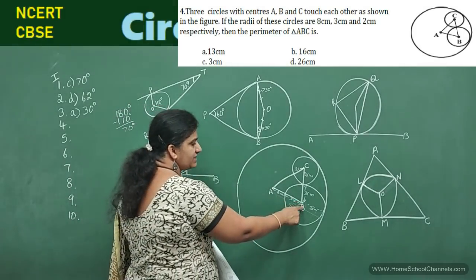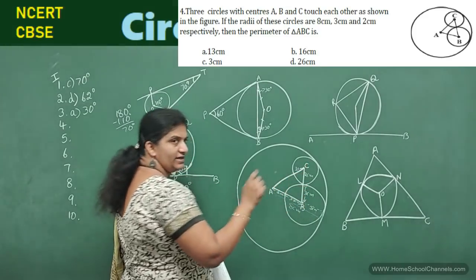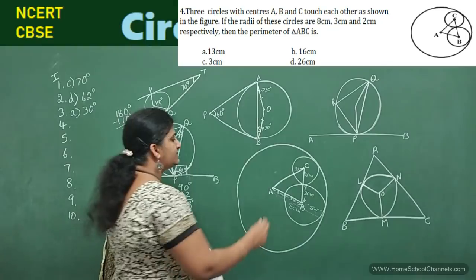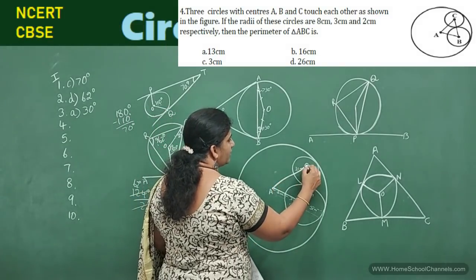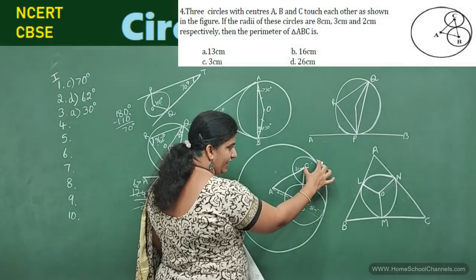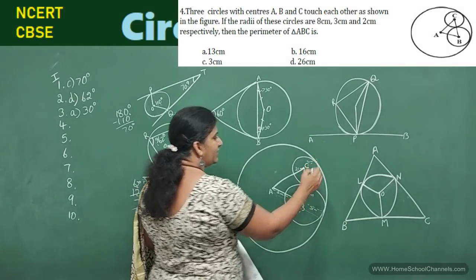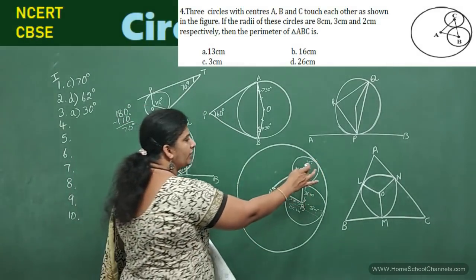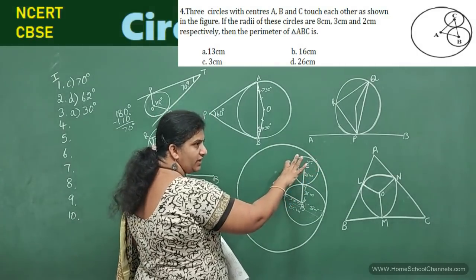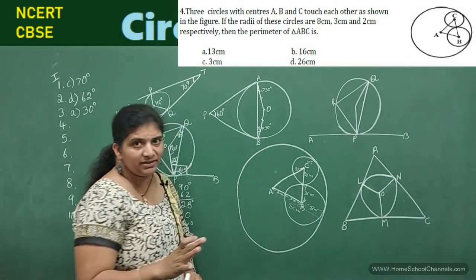Now coming to BC, 3 plus 2, 5 centimeters. And we need to calculate CA. In the same manner, from here if I join, this becomes a diameter, and this is also a radius. This will be 2 centimeters, right? I don't want this part. From here to here it is the big circle radius, that is 8 centimeters.